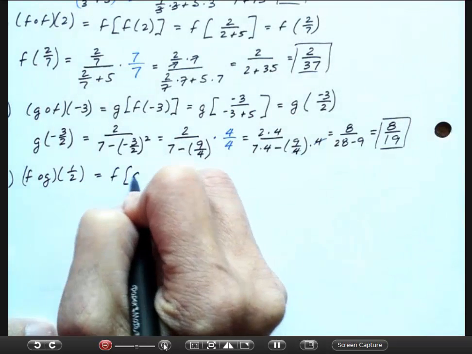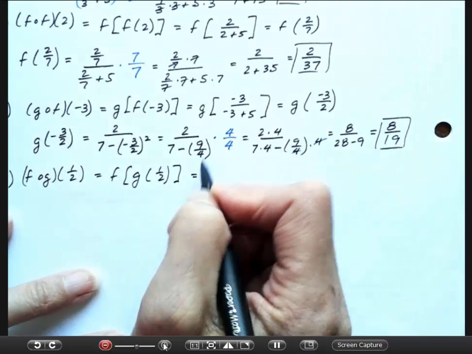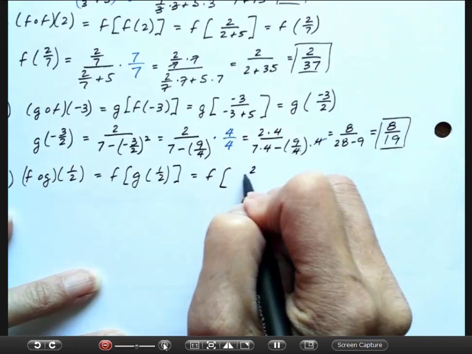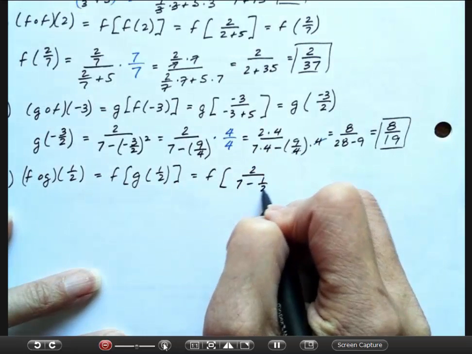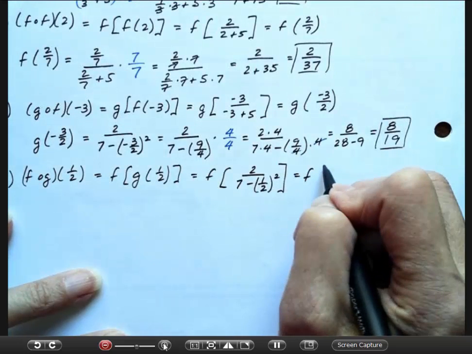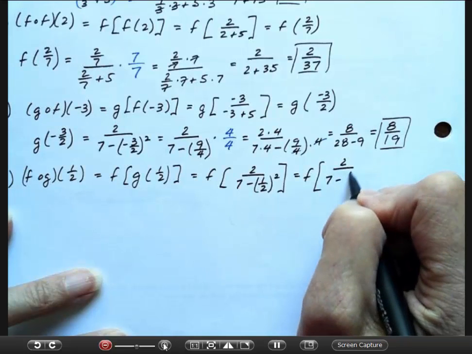The fifth composite function we're going to look at is f of g of 1/2. Rewriting, I'm going to need to find g of 1/2 first. So I'm going to put a 1/2 in wherever I have an x in my g function. In this case, I have to square it. So I have f of 2 over 7 minus 1/4.